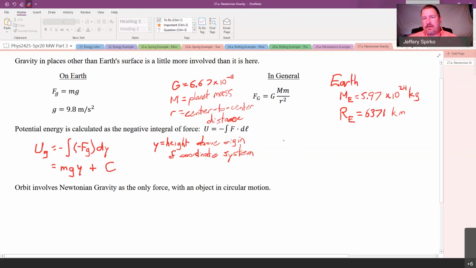And when we go to calculate the potential energy due to Newtonian gravity, capital G, it is minus the integral of minus G m m over r squared dr. So there's a lot of minus signs to take into account.